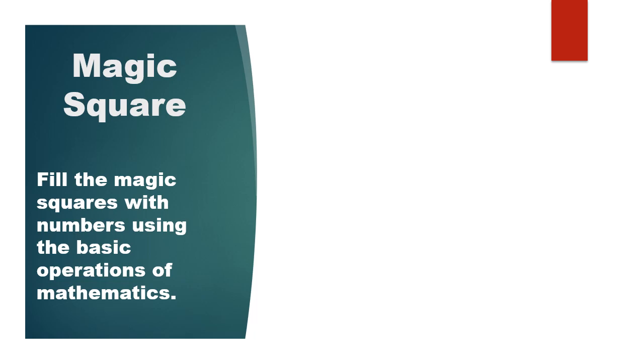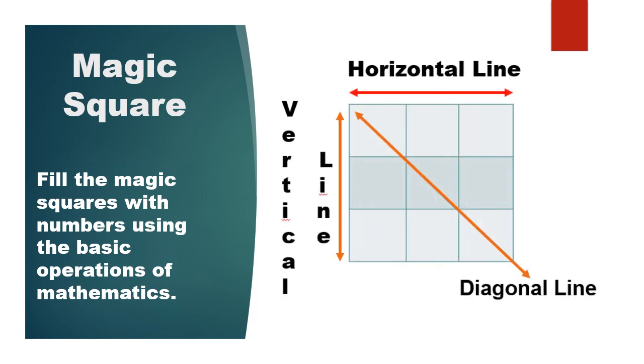You know what these basic mathematical operations are? That is addition, subtraction, multiplication and division. So, first of all, just observe. Here is a square. Be clear about the horizontal line, vertical line and diagonal line.